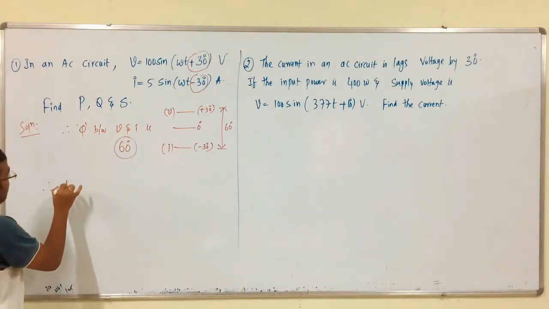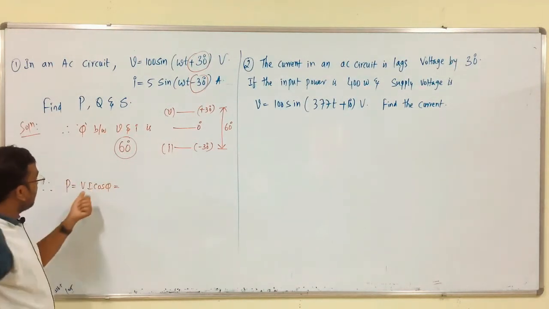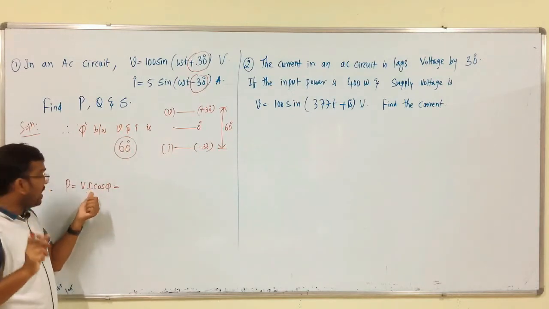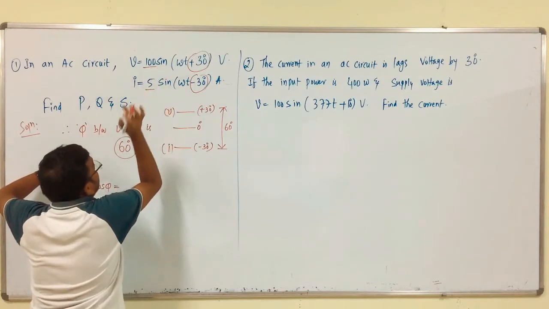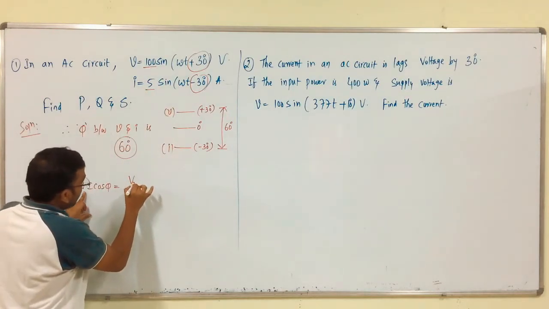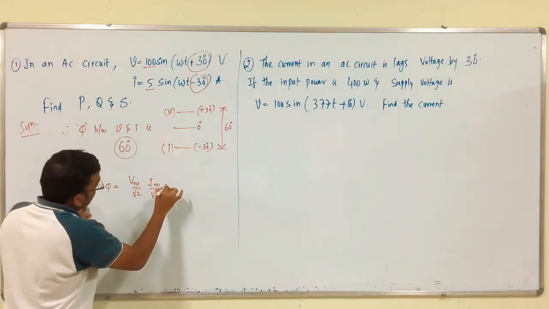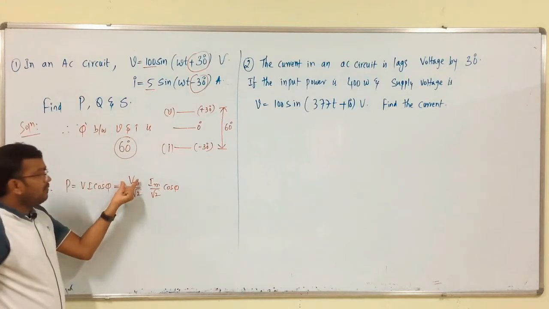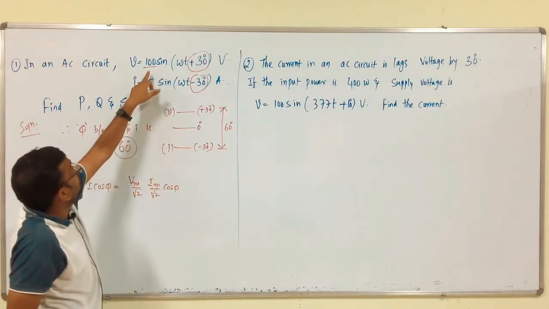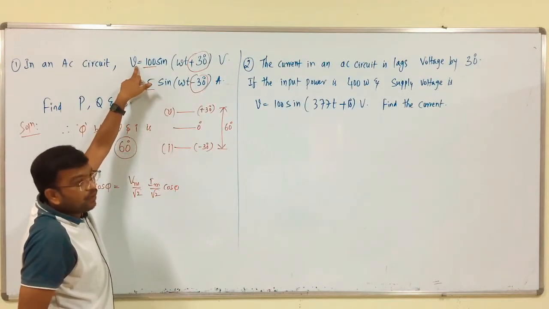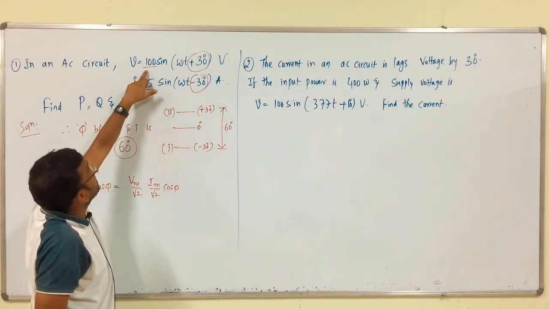Therefore, P is equal to V I cos phi. Here V is nothing but Vrms, I is nothing but Irms, but here these are Vm and Im. So P equals Vm by root 2 into Im by root 2 into cos phi, right? Vm by root 2 is nothing but Vrms, Im by root 2 is nothing but Irms, but the given data is the instantaneous value of voltage, equal to maximum value of voltage into sine of angle, that is Vm is 100.